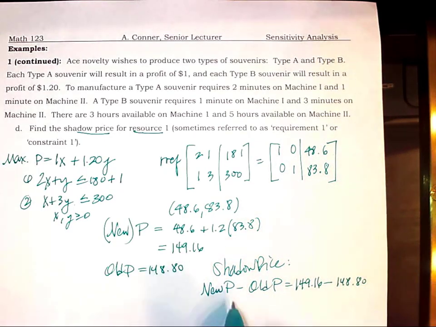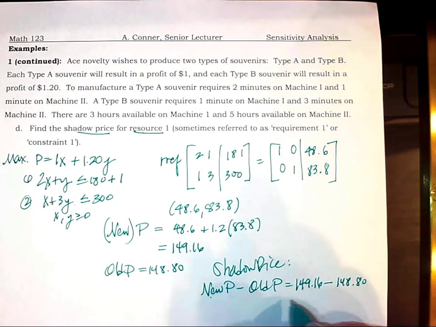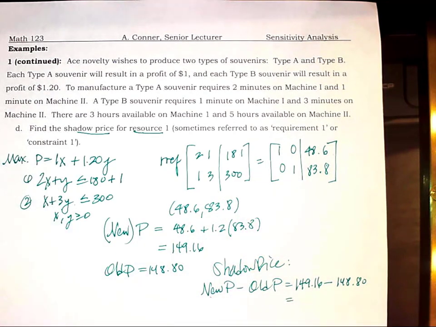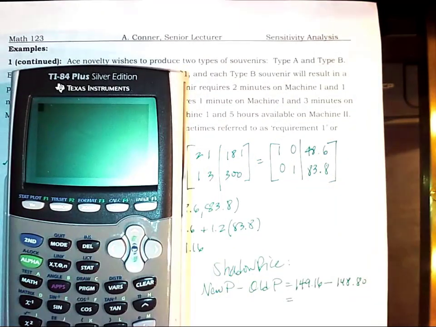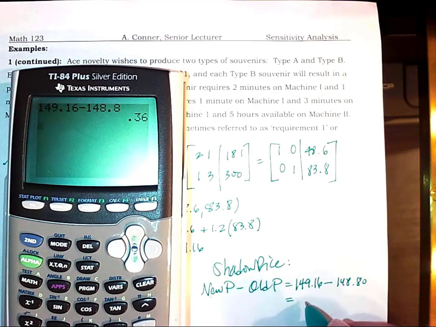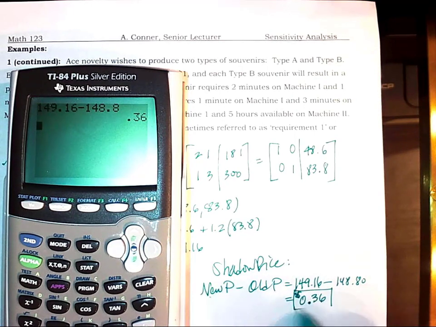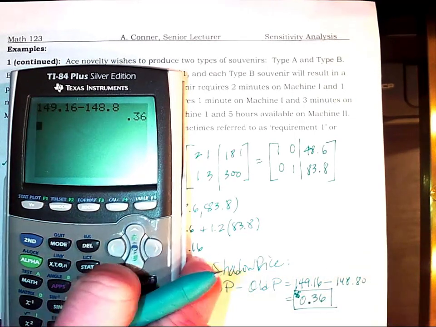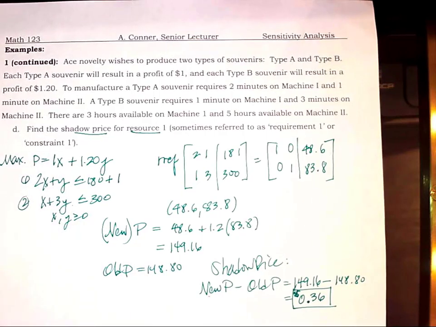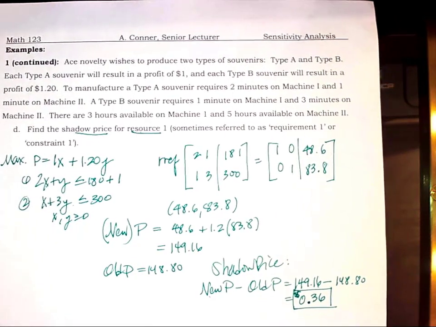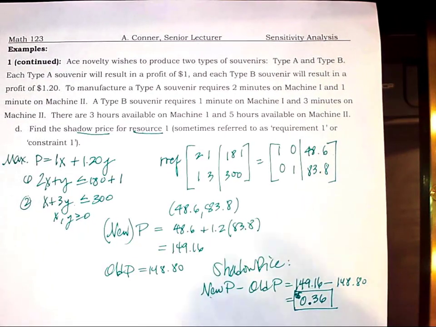And if this had been cost, we would use new C and old C. And so subtracting those out, we end up with 36 cents. And since that shadow price is positive, that means the changing of the constraint had a positive effect on profit. That means it's a binding constraint.